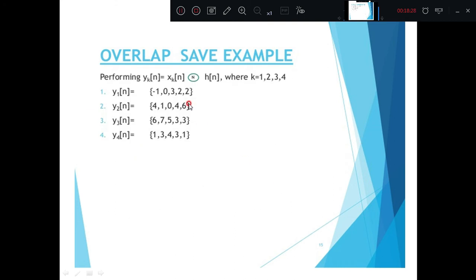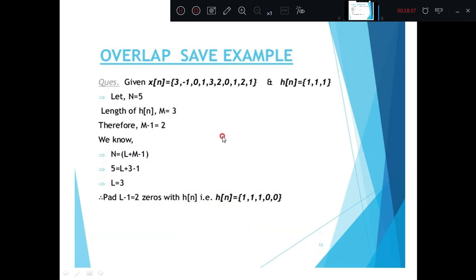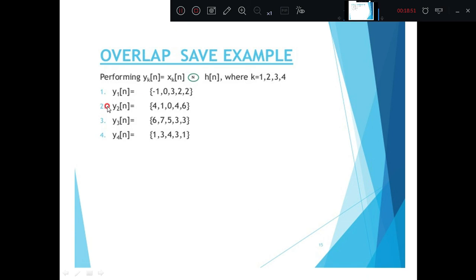Next, you perform the convolution y1 of n is x1 of n convolved with h of n, right? So we know that h of n is nothing but 3. So to make 5 the DFT size, I have to append or add how many number of zeros? L minus 1 number of zeros. So L is 3, 3 minus 1 is equal to 2. So after performing, you will get y1 of n, y2 of n, y3 of n, y4 of n.